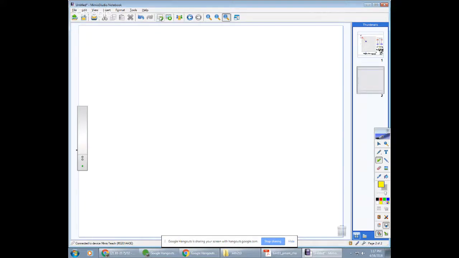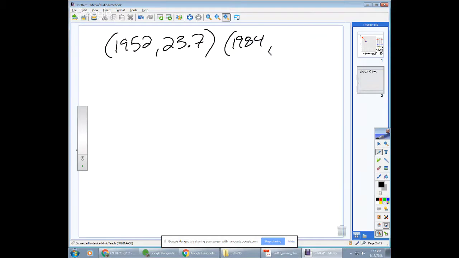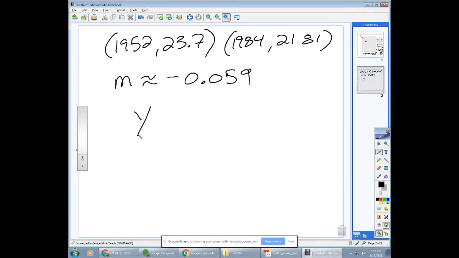I have 2 points. I have 1952 with a record of 23.7. My other point, I think, on my line is 1984, 21.81. And we think the slope m is about negative 0.059. We're trying to fill out the equation y equals mx plus b.